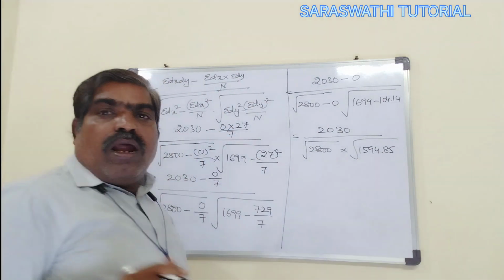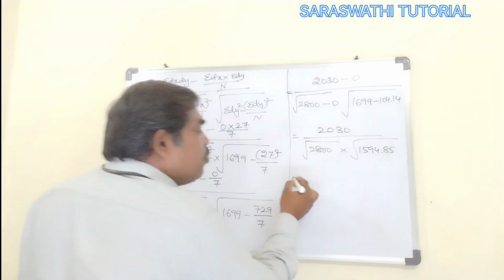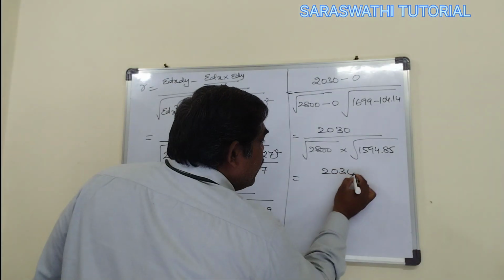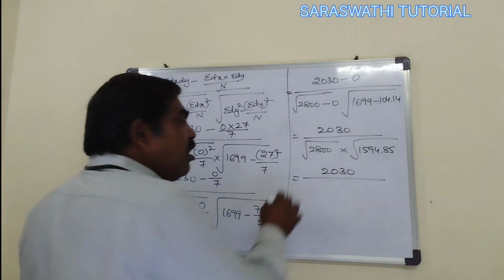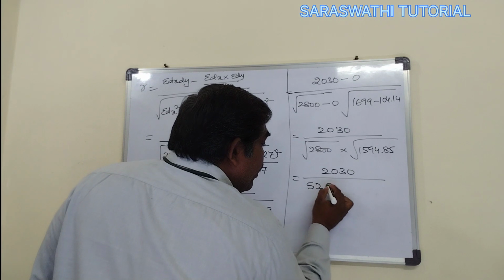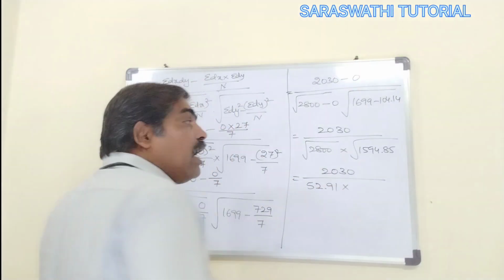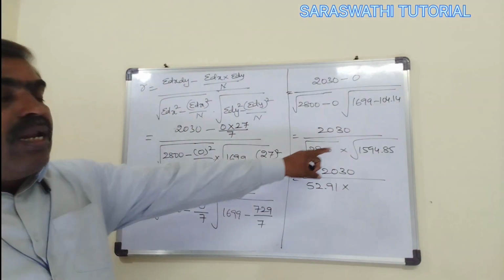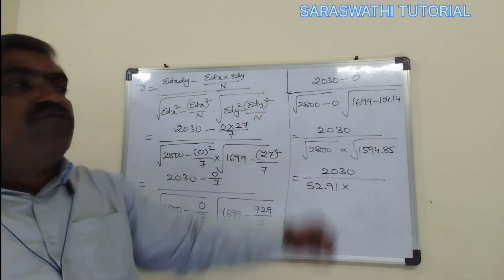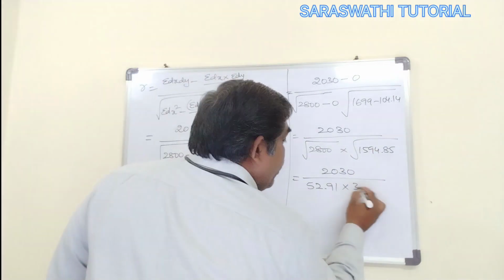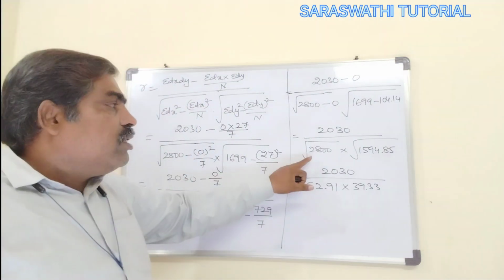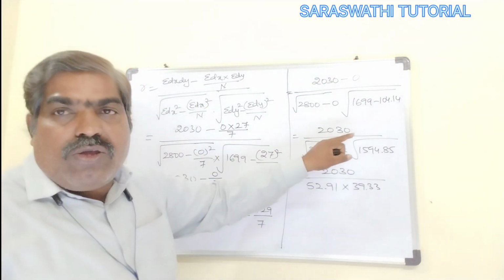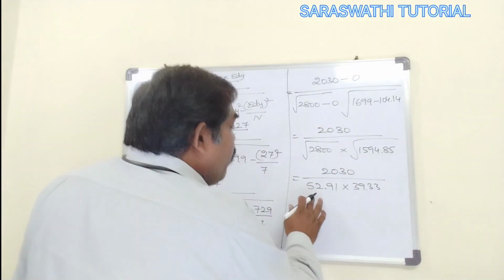Now the next step: 2030 by under root of 2800, root of 2800 is 52.91, and root of 1594.85 is 39.33. Okay, understood? Just take the root of these two individually, then multiply these two.